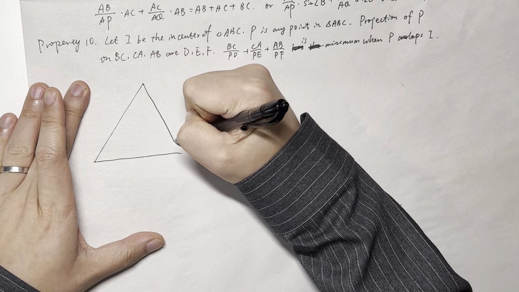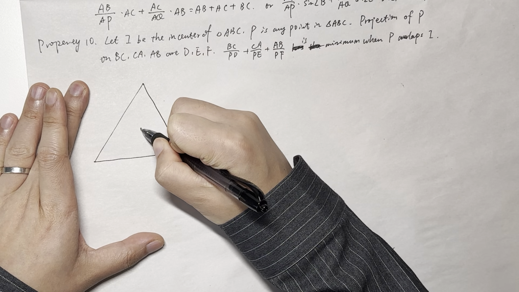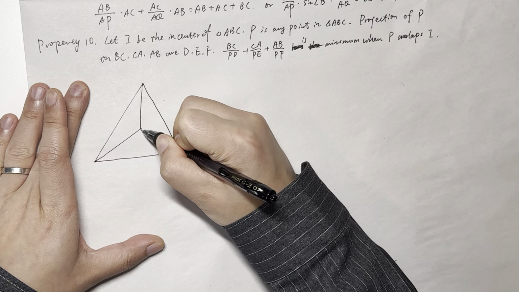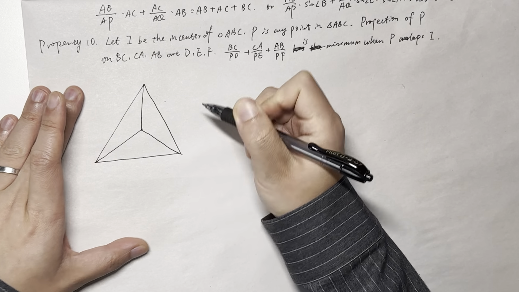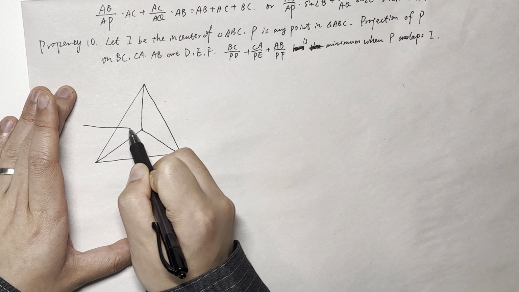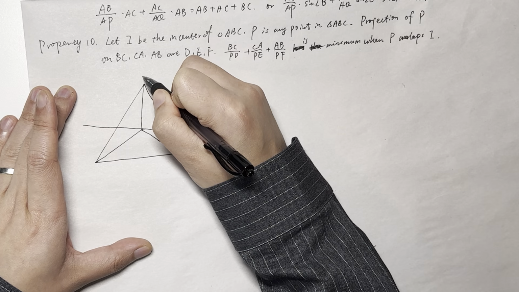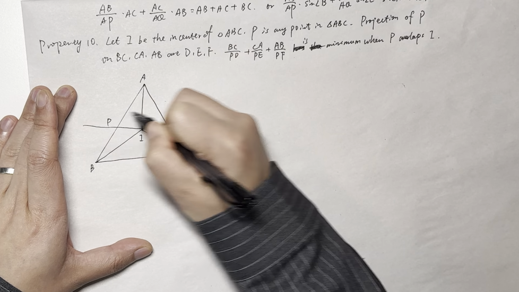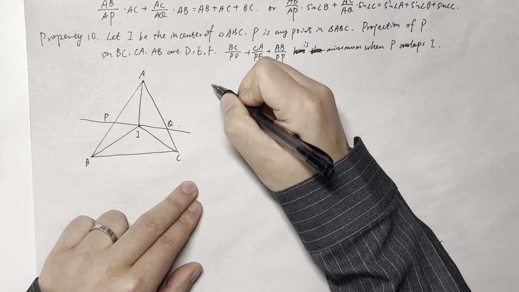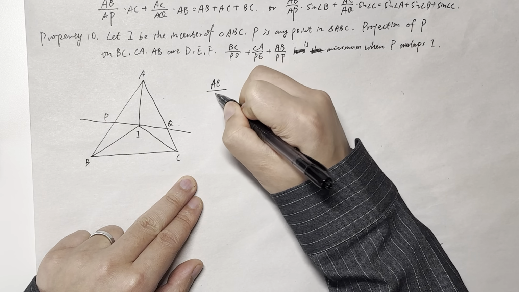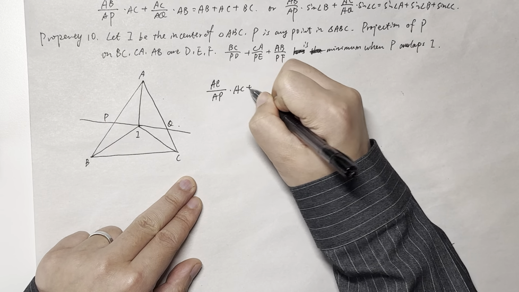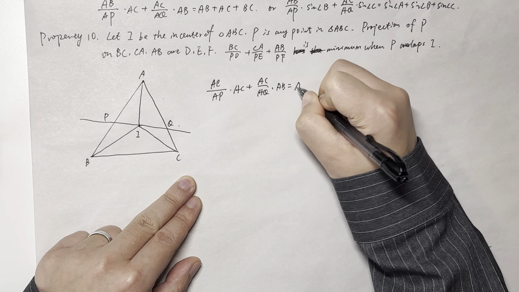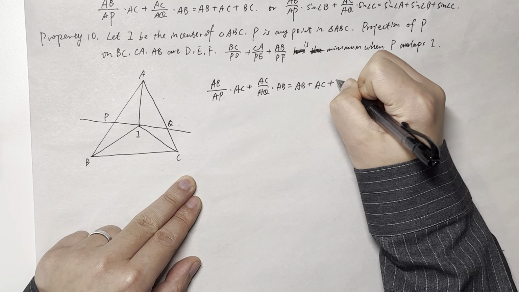It's saying that we have the incenter here, and we have a line passing through it. Make it A, B, C, I, P, Q. We want to prove that AB to AP times AC plus AC to AQ times AB equals AB plus AC plus BC.